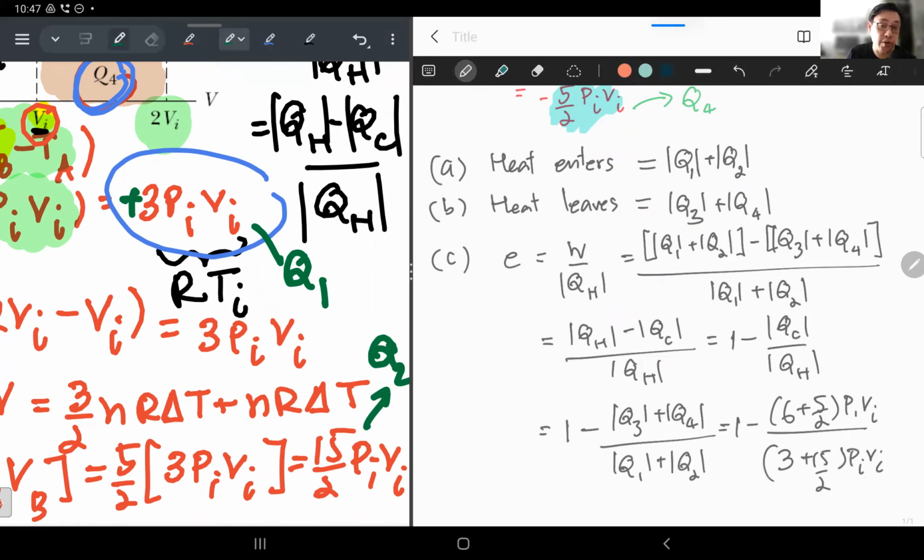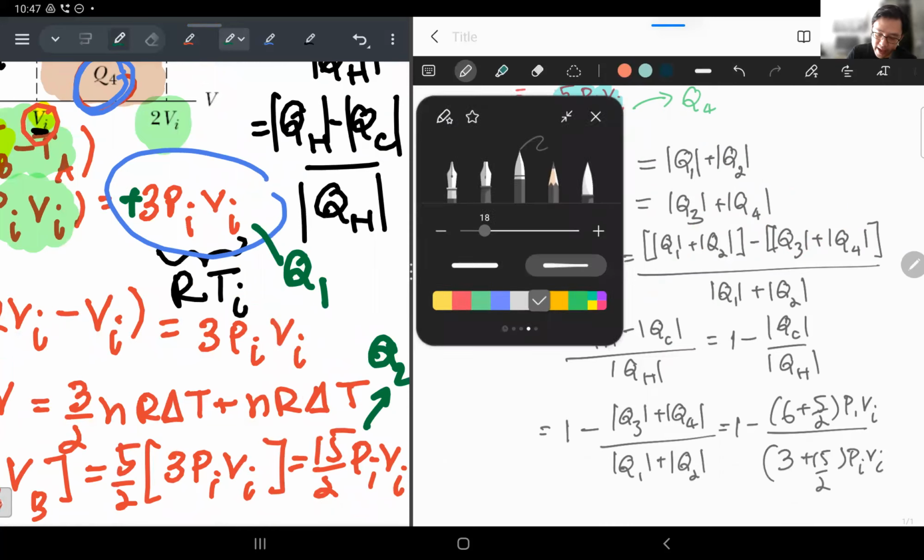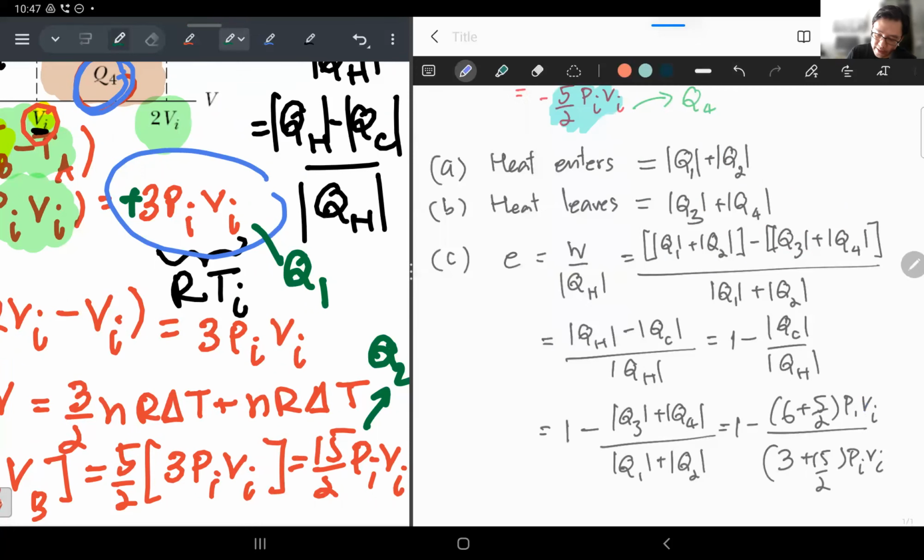Just take the magnitude. You don't have to worry about the sign anymore. And it definitely has to be that your PiVi must cancel, because efficiency is a unitless quantity. You're supposed to get just a number out at the end. Once you work this number out, that is the efficiency of this engine. And it's done. A, B, and C.